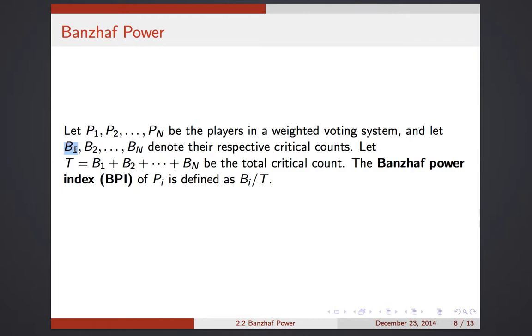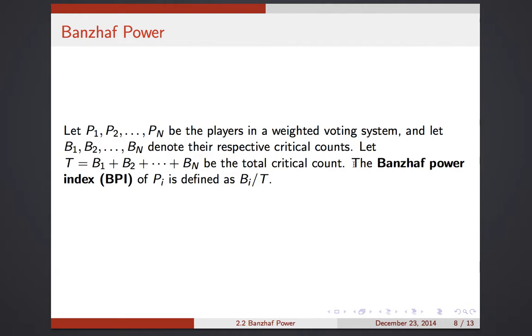B1 is the number of times player 1 was critical, the number of winning coalitions in which player 1's votes were necessary. Same for B2, all the way up to Bn. Let T represent the sum of all these numbers, the total critical count. Once you have all the critical counts listed, just add them all up to get the total.